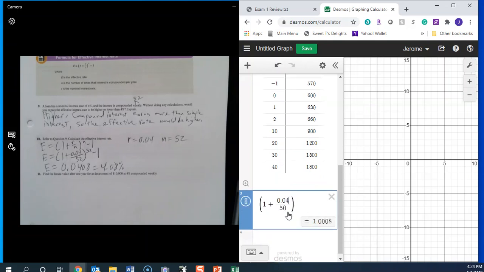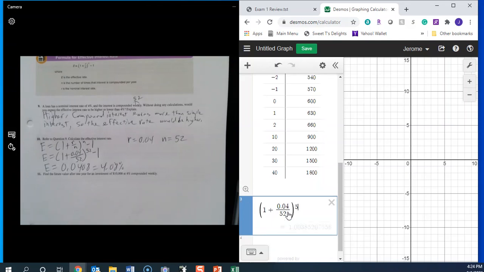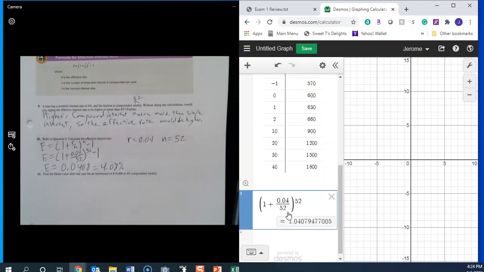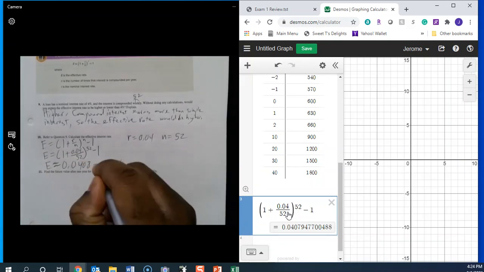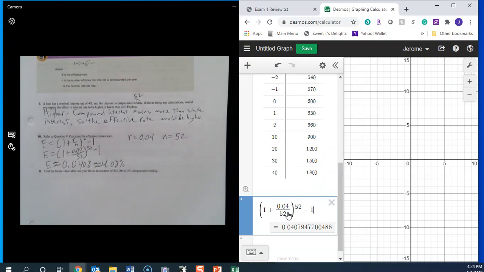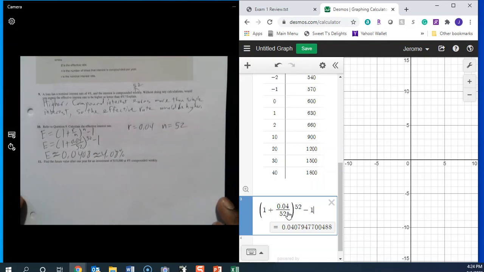Oh, wait a minute, I got 50. It's supposed to be 52. All right. And then we would take that to the 52nd power, and then subtract 1. If you round this to 4 decimal places, this is where we get the 4.08% from.